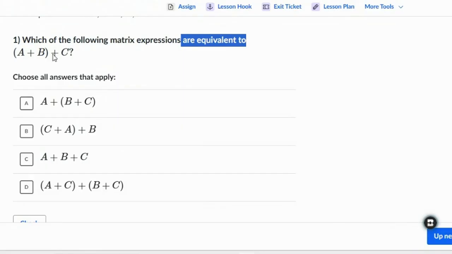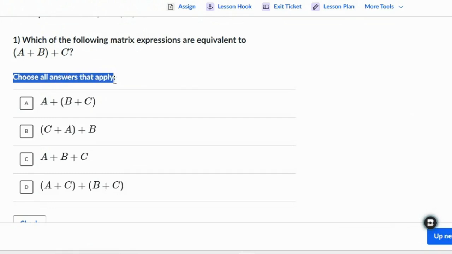So I've got these three matrices, and I'm adding A and B together first, and I'm going to add C to it. A, B, and C, choose all that apply. There may be more than one answer. Tell me which of these is the same as this.